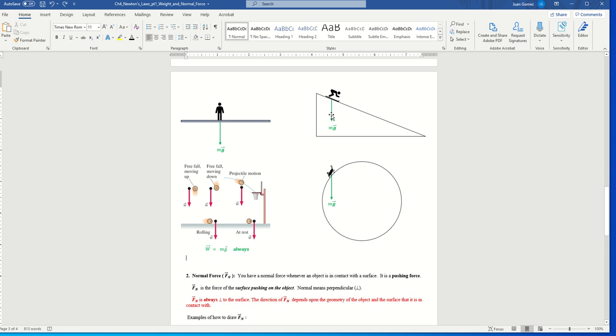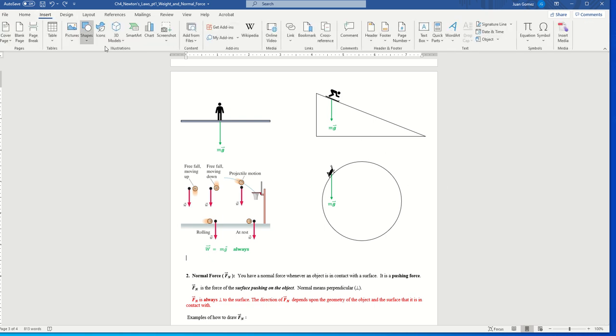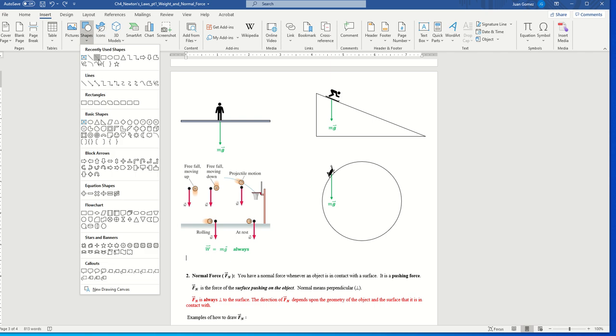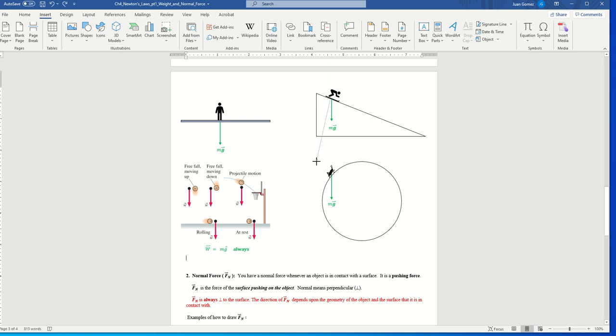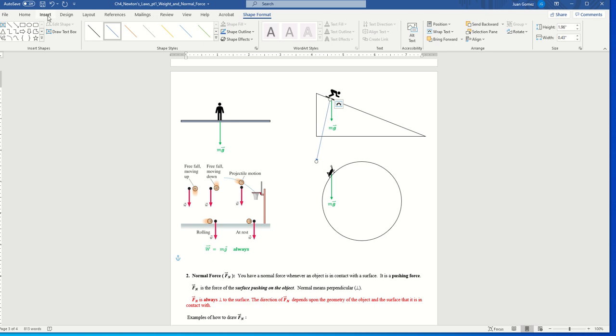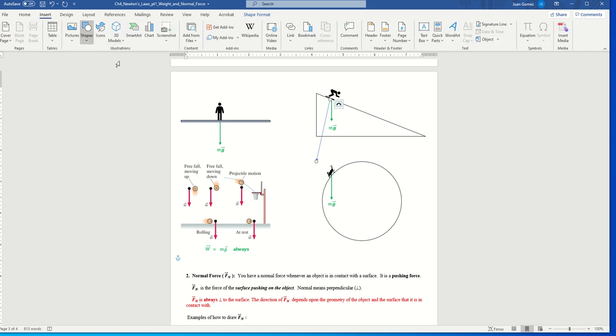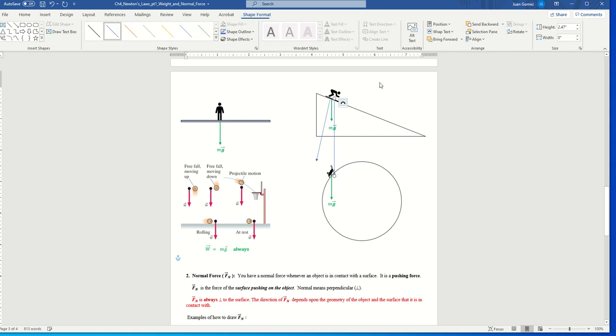That green arrow representing the mg is clearly pointing straight down. Again, it's not complicated, but we don't want to get careless. I'm not drawing it over this way or any random way. Weight is always straight down.